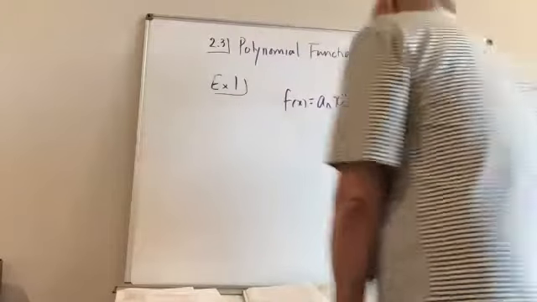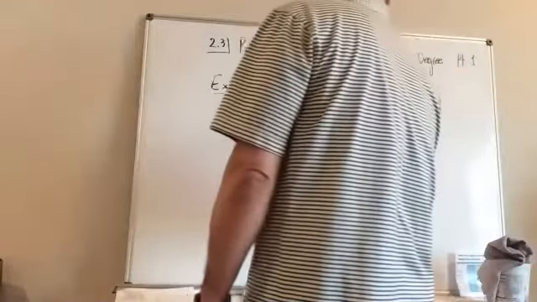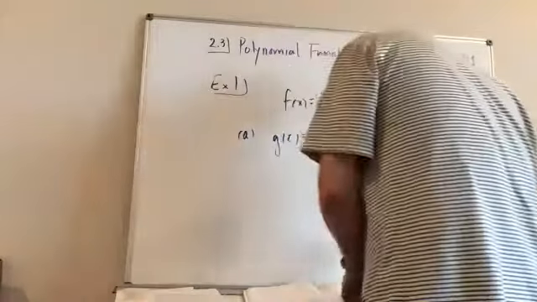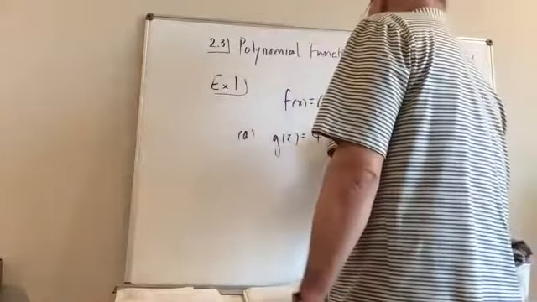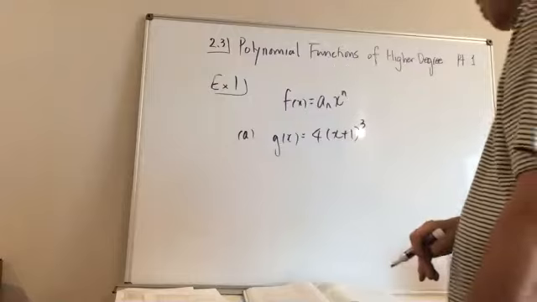Okay, so A is g of x is equal to 4x plus 1 cubed.